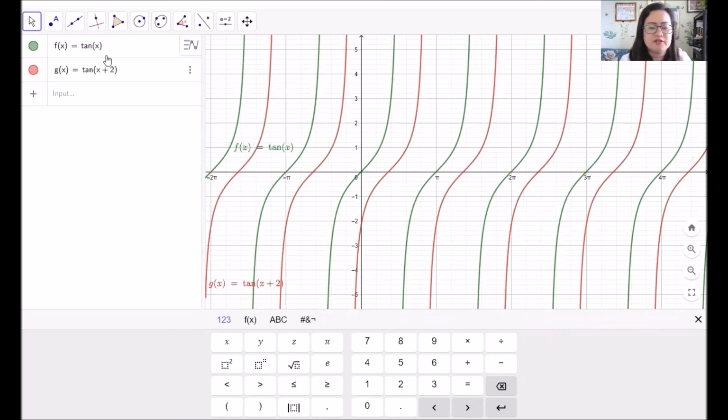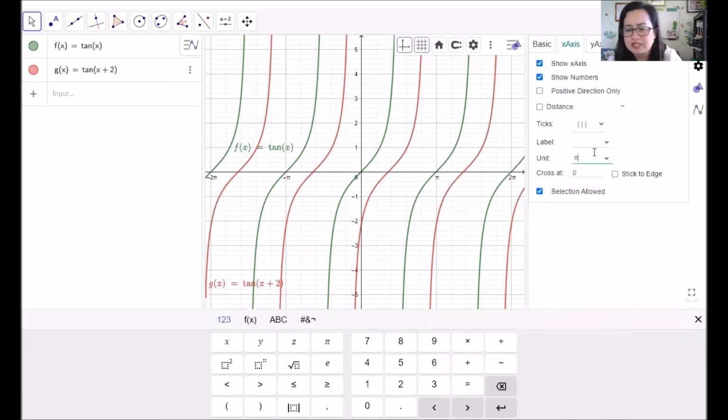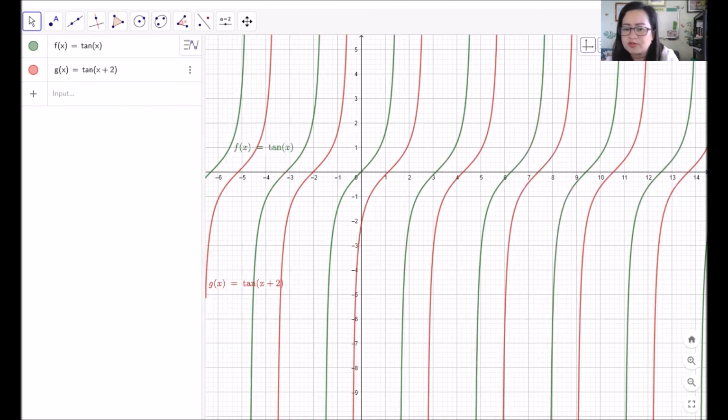Okay, now let's see what happens. Now we also change the unit from pi. Let's have 1, 2, 3, 4, and so on, so that we can see the horizontal shift much clearer.